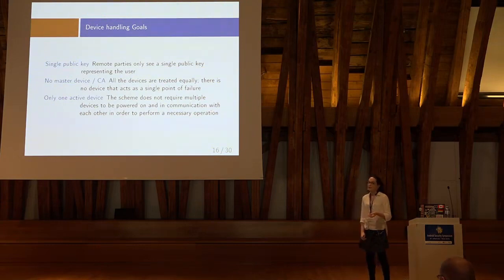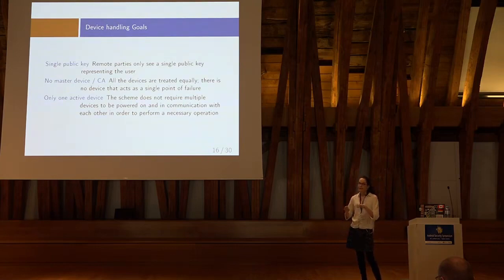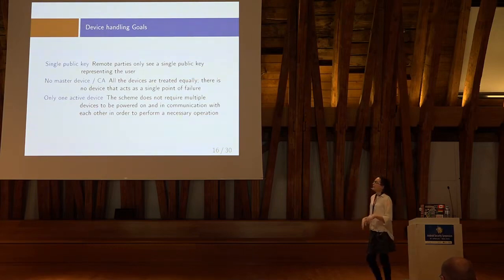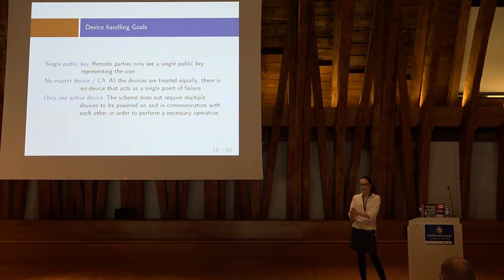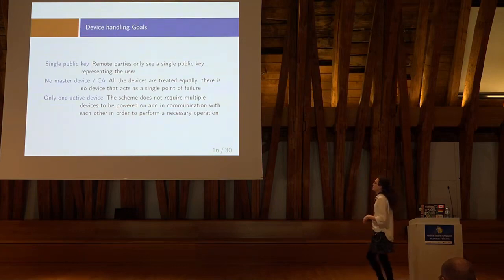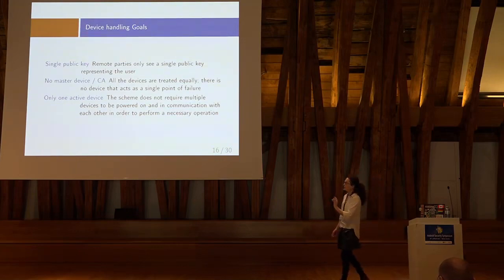A lot of schemes, you can do this with PGP, where you have a single master key and you can use that to issue sub-keys for your other devices. But then if your device with the master key gets stolen, the attacker can do a lot more damage than they could with a sub-key. So we want each device to look the same so that no particular one is more vulnerable than another. So Shatter has both those first two properties.